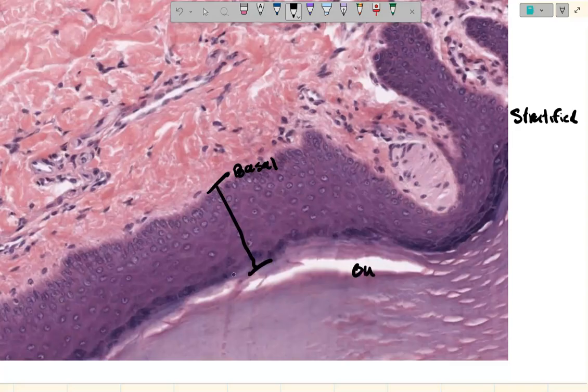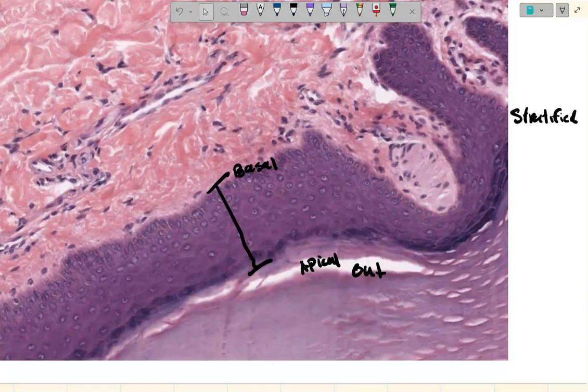And this is going to be outside, the apical layer of the epithelial tissue. Because it's stratified, we see a ton of cells, and the cells are changing shape as they go up. They're cuboidal at the basement, but then they become squamous on top, right? They get really, really flat over here.